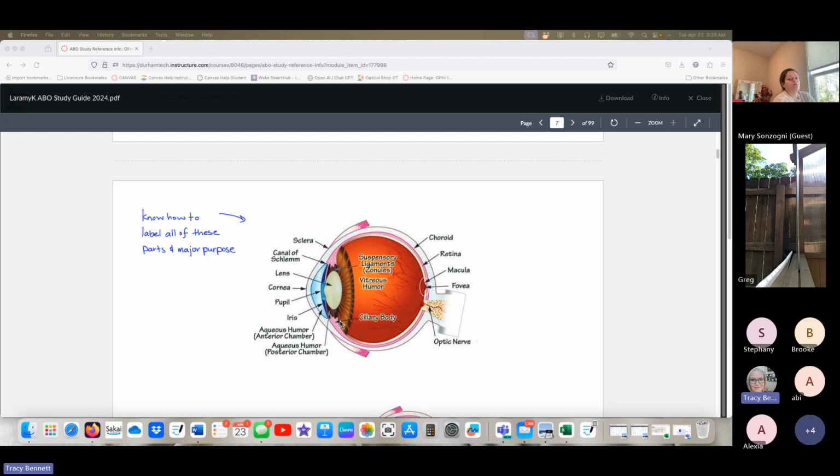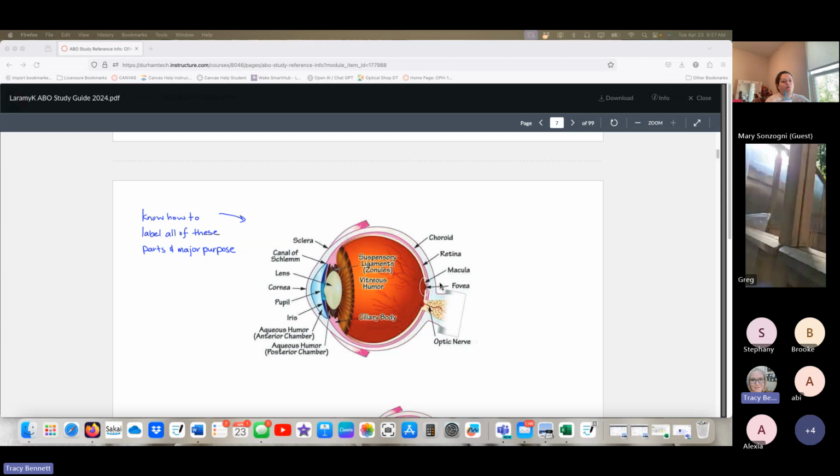That's how the aqueous comes through the posterior chamber, which is behind the iris, washes the front of the lens, exits out the pupil, swirls around in the anterior chamber in the front, provides back surface nutrients to the backside of the cornea, and exits through the canal of Schlemm out into the tear film on the exterior part of the eye. So that path of the aqueous is important to know as well.